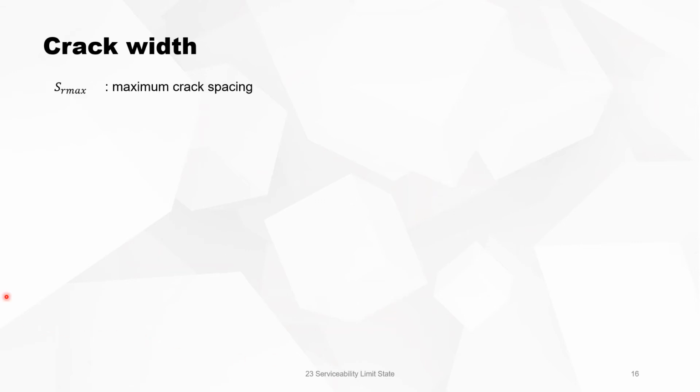SR max is the maximum crack spacing. SR max is experimentally given by this formula. It is important to see that there is a huge contribution of the concrete cover. The more concrete cover, the more the maximum crack spacing, the larger the crack width. And it's also proportional to the diameter.